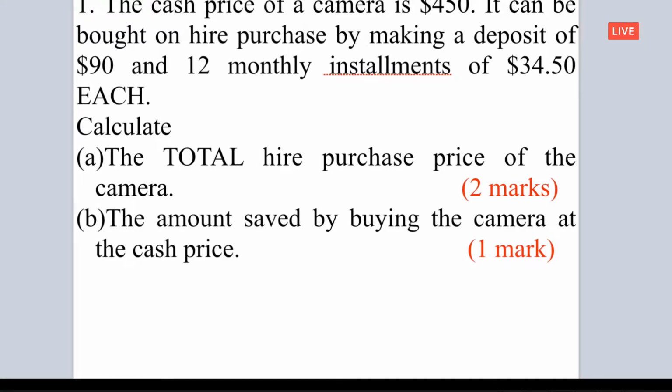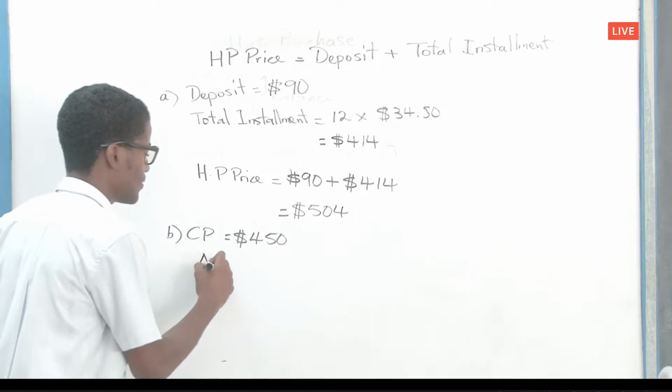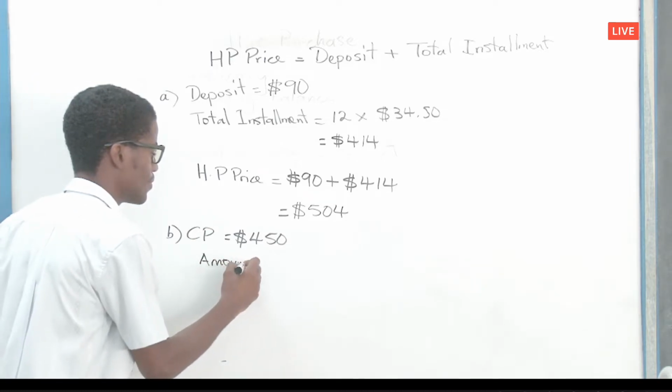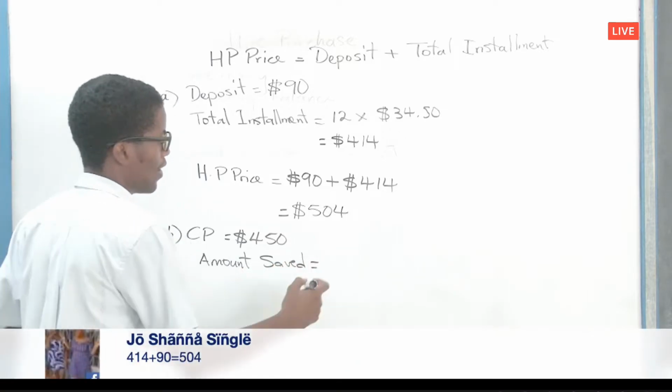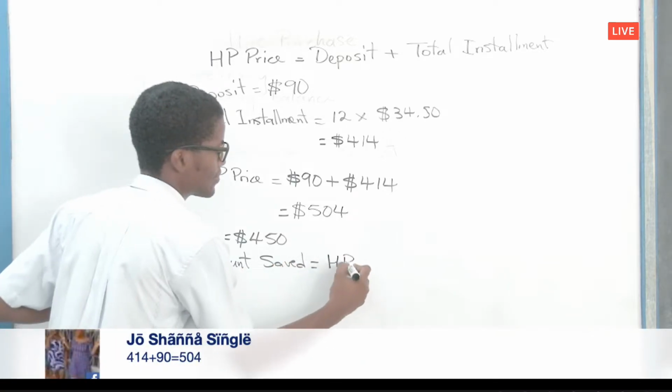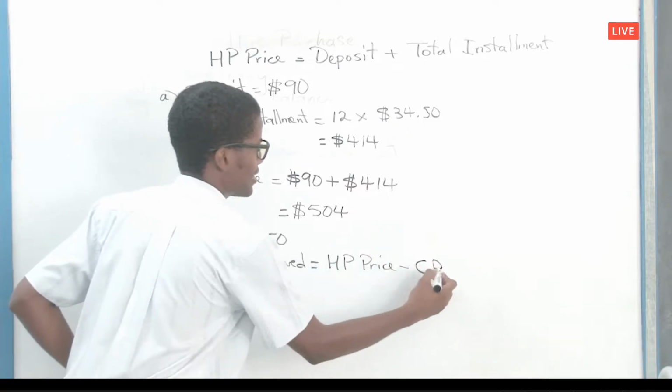Now you're asked, what is the amount saved by buying the camera at cash price? What can we do? So we're going to subtract, and you are correct. So the amount saved is our hire purchase price minus our cash price.